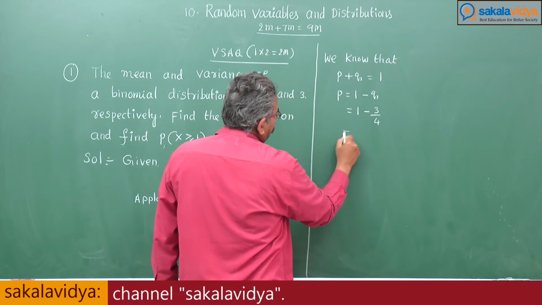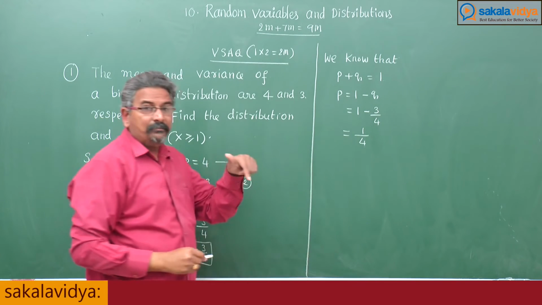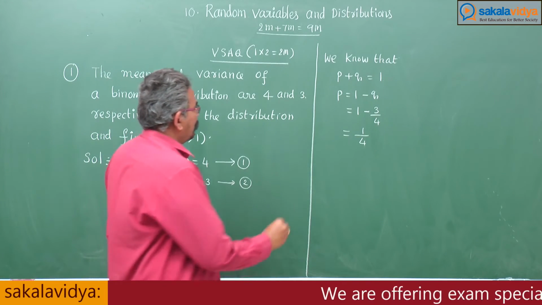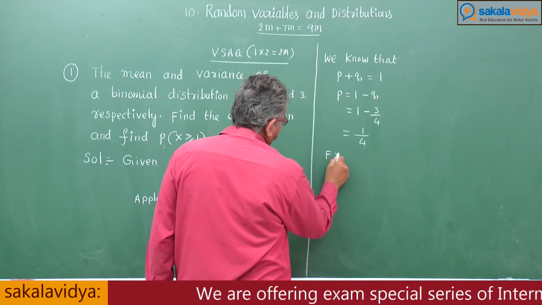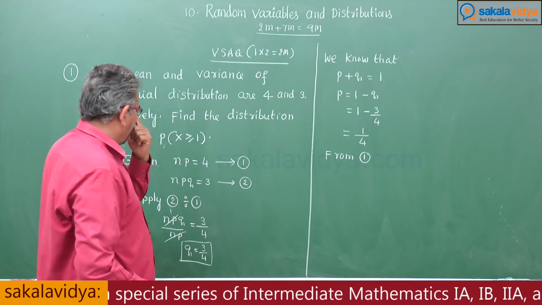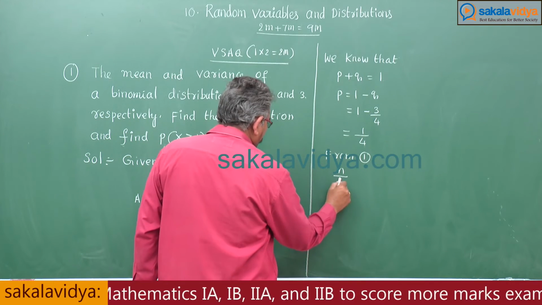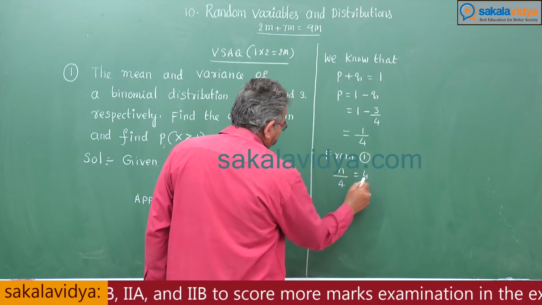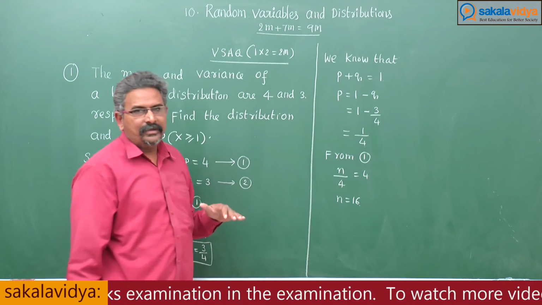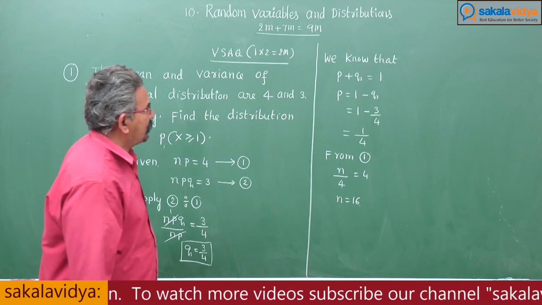Simple LCM, this is 1 by 4. Now we know p, but what about the other parameter n? From equation 1, substituting the p value, n by 4 is equal to 4, so n is equal to 16. Now we know the parameters n and p.